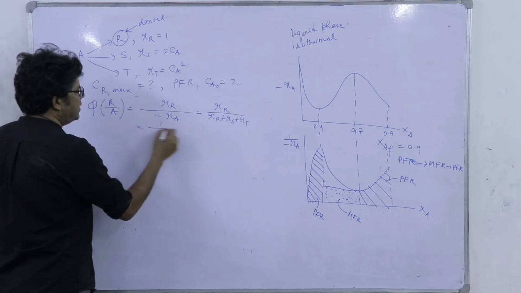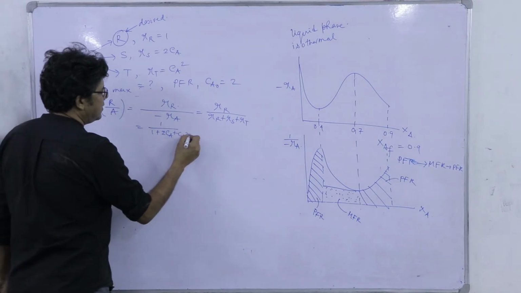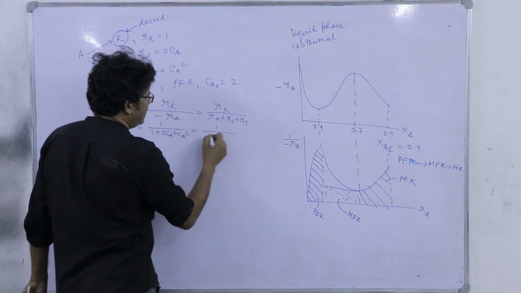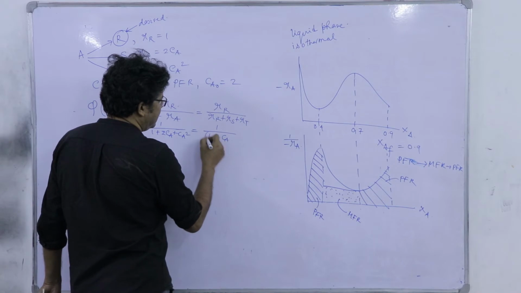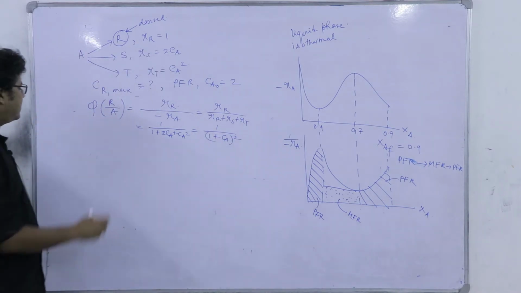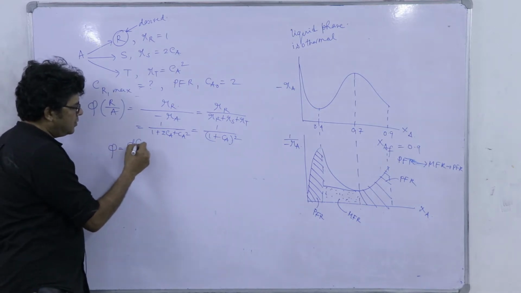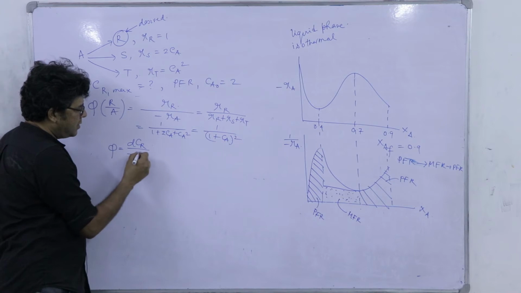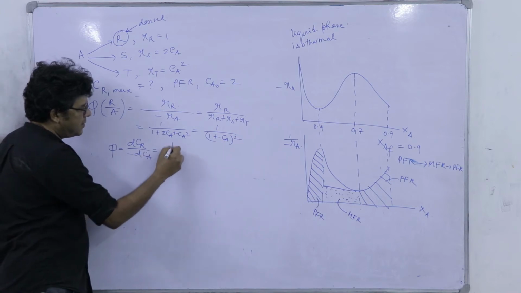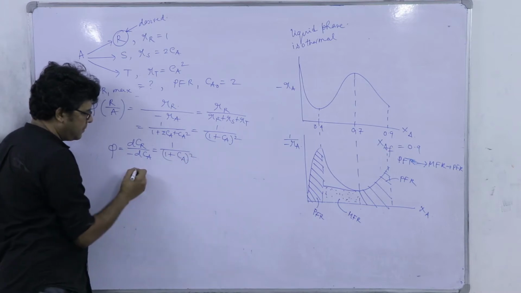So, 1 divided by 1 plus 2CA plus CA square, giving 1 divided by 1 plus CA whole square. Now, phi is equal to dCR by minus dCA, 1 divided by 1 plus CA whole square.